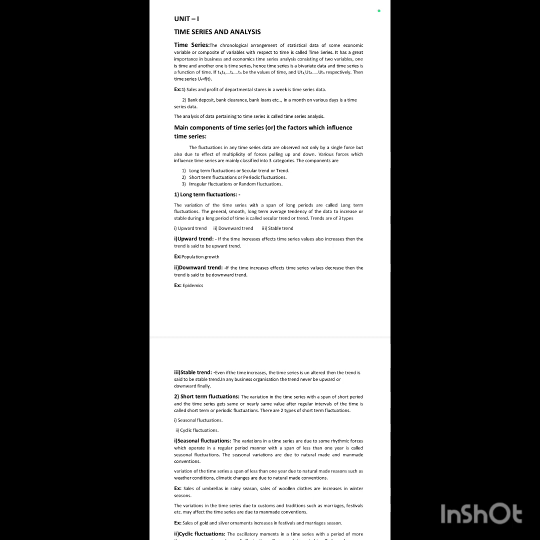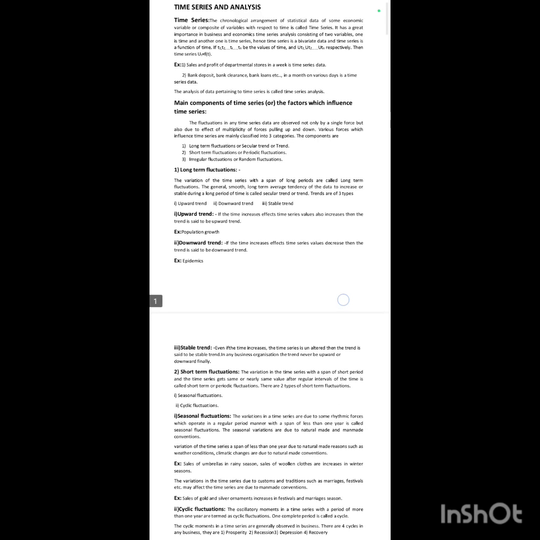In the examination they may ask you a question like this: define time series and write about the time series, give examples about time series, and also write the components of time series. Very simple and easy if you know these concepts.